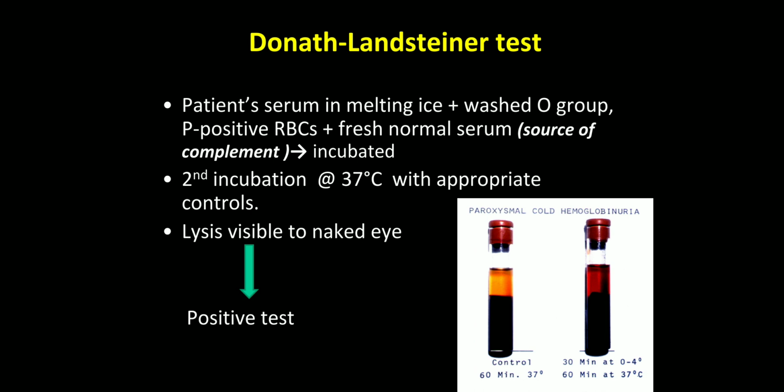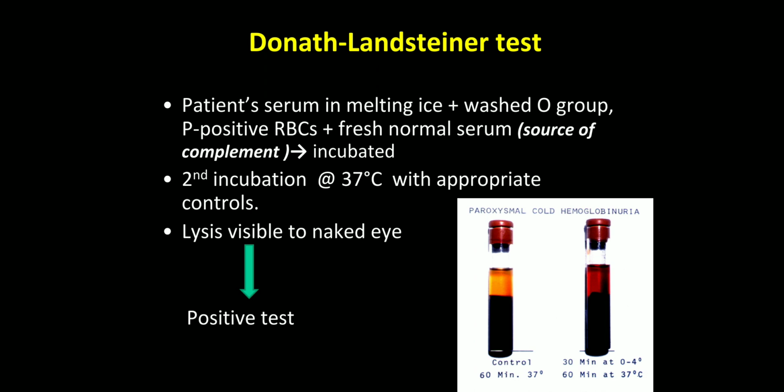Donath-Landsteiner test is actually not needed for you. If you want to know, you can read it. Patient serum, if it is kept in melting ice combined with washed O group, P positive RBCs and the fresh normal serum is again incubated. Okay, and on second incubation at 37 degrees Celsius with appropriate controls, we can see this lysis.